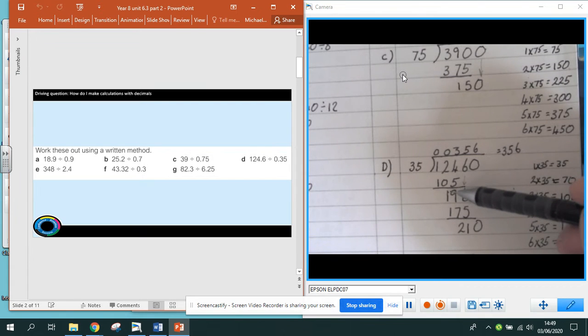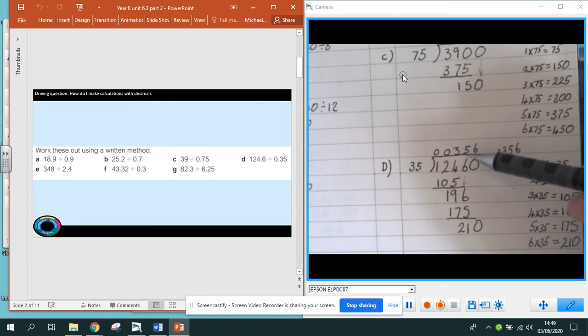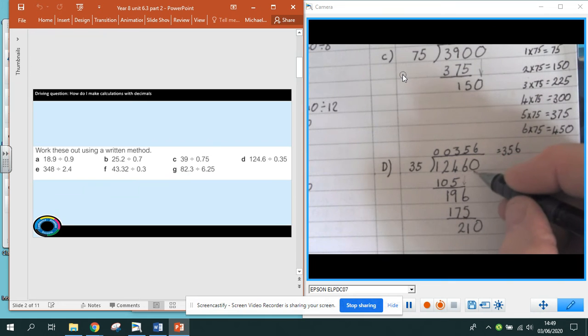How many 35s in 196? Well, I'd only got as far as 140. That wasn't far enough, so I carried on. 5 35s is 175. 6 35s are 210. I did 196 take away 175 because it's 5 35s, which left me 21.